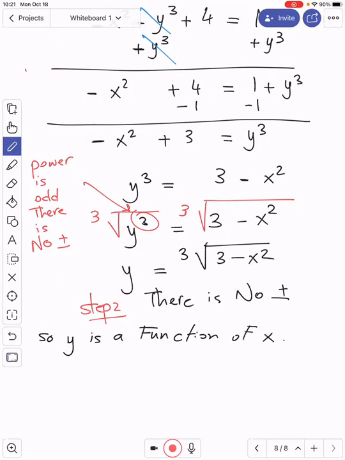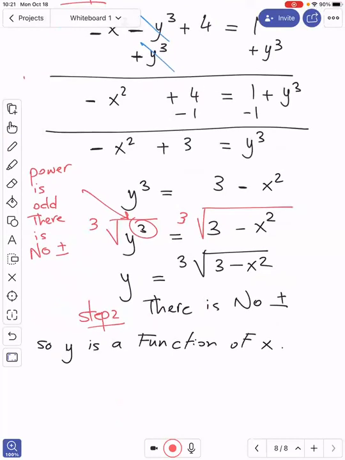Excuse me. Yes, please. So for C, just by looking at it, there's a y squared. Would that not be a function? Well, actually, it's not. Yeah, you're right. But you need to be careful. C is kind of different from A and B. In C, we have two terms with y's, right?